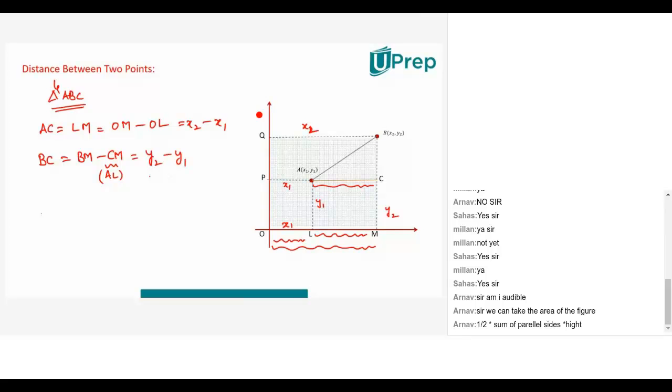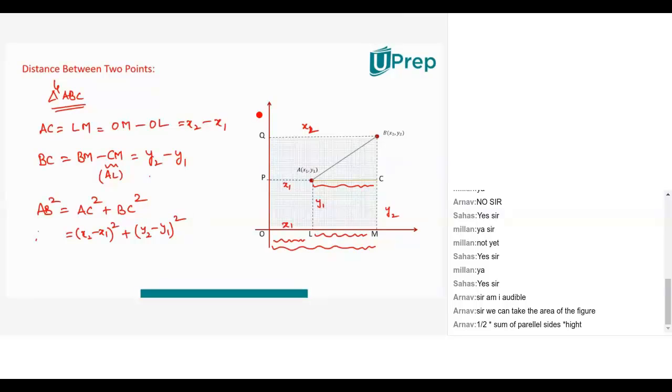Now what does the theorem say in triangle ABC? Can I write hypotenuse AB square should be equal to AC square plus BC square? Agree? What is AC? X2 minus X1 whole square, plus BC square, Y2 minus Y1 whole square, is AB square.